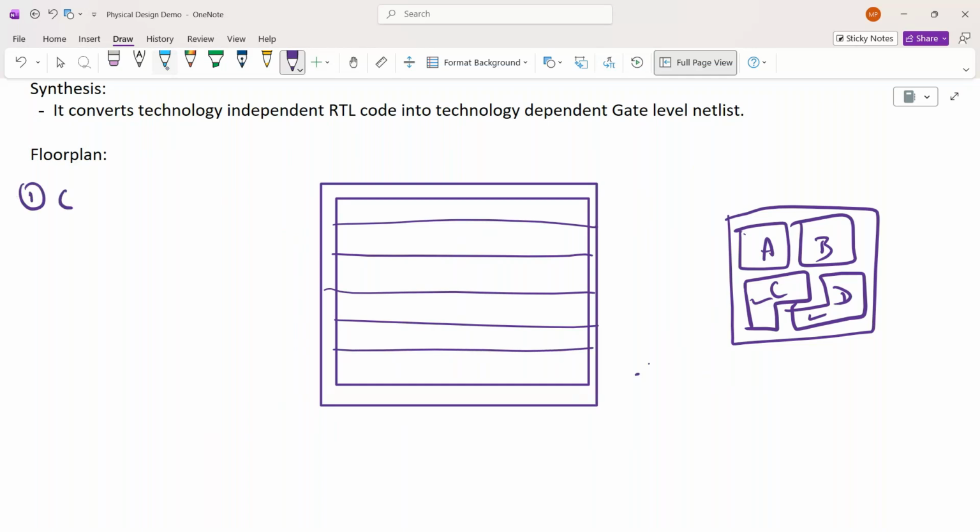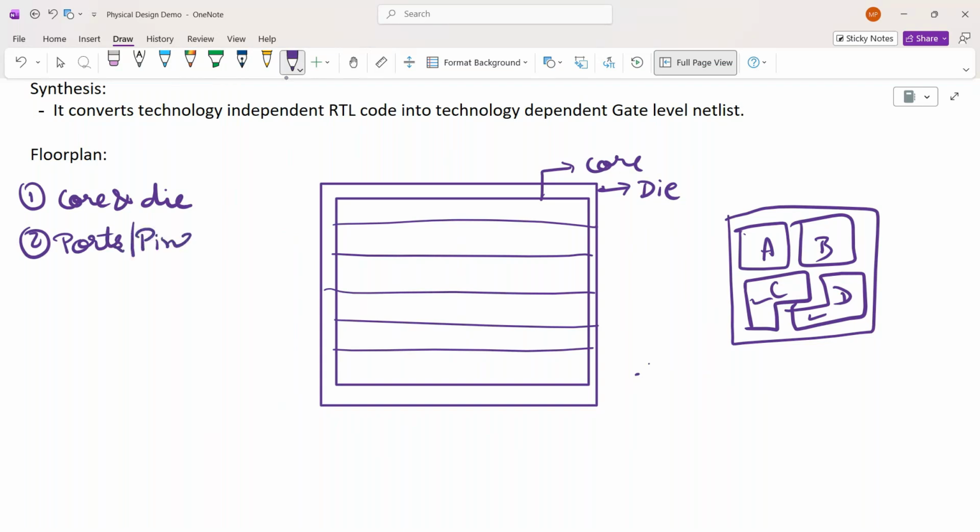So what is the very first thing? Core and die is created. This is your core, and this is your die, which is bigger. After that, ports are created. Ports are nothing but pins.